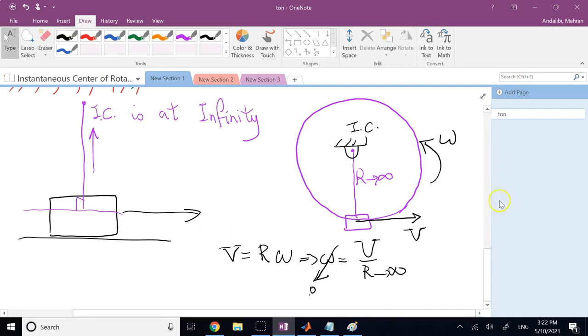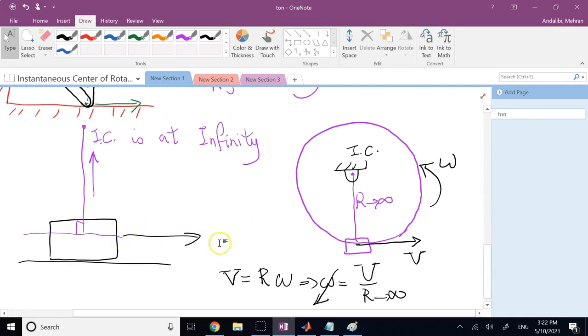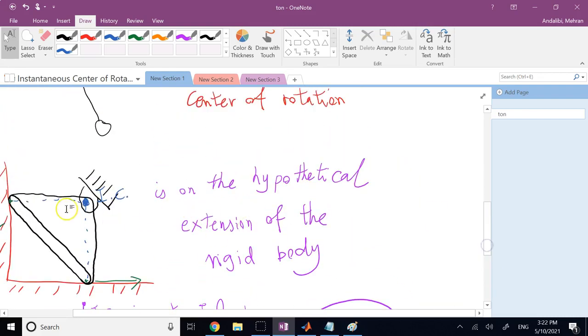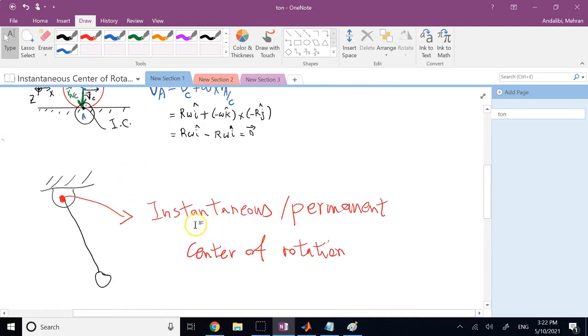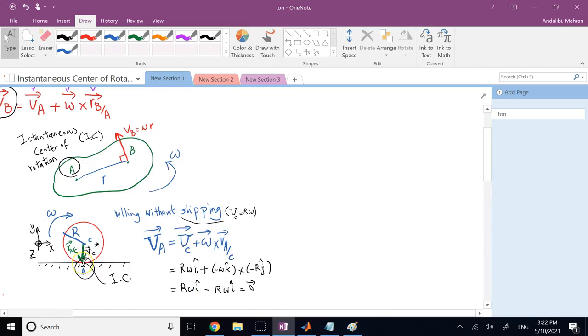So these are different scenarios that can happen about the instantaneous center. If the object is in pure translation, instantaneous center is at infinity. Sometimes it is outside the rigid body. Sometimes the object has permanent center of rotation, which is also the instantaneous center. Sometimes it is going to fall on the physical part of the rigid body. Okay.